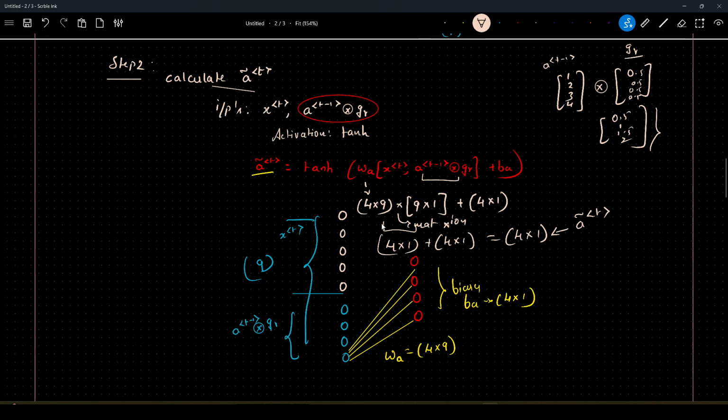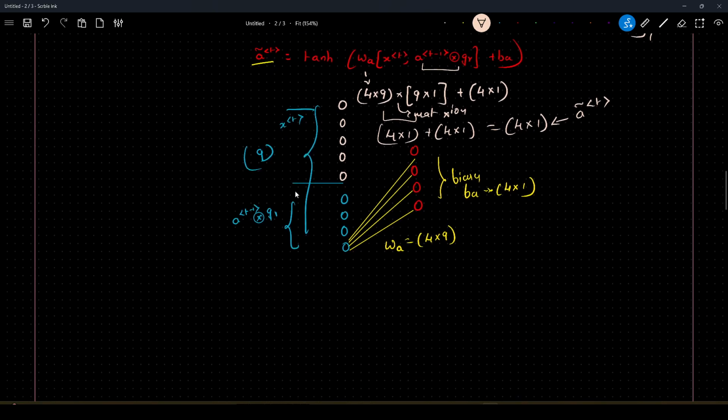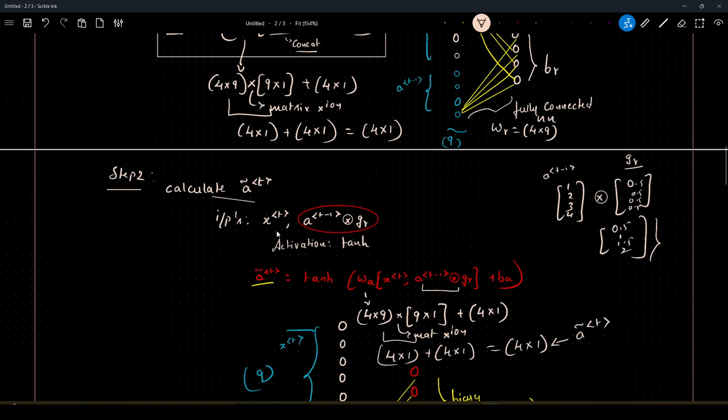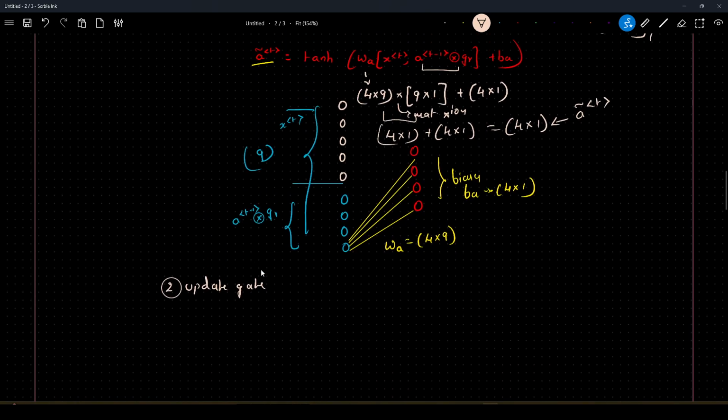Now we have the candidate A bar t. We will compute our update gate. How do we calculate the update gate? That is represented as GU, the update gate. Is this the second stage? Yes, in step 2, or let's just call it step 3.